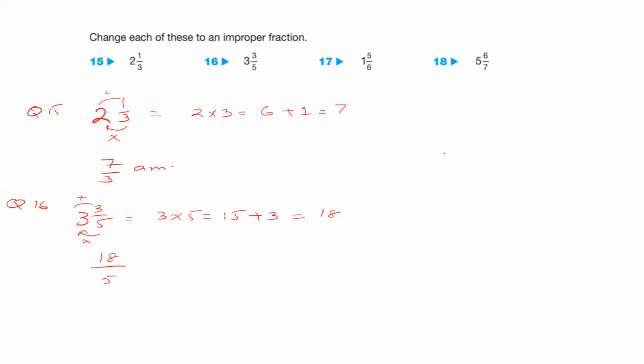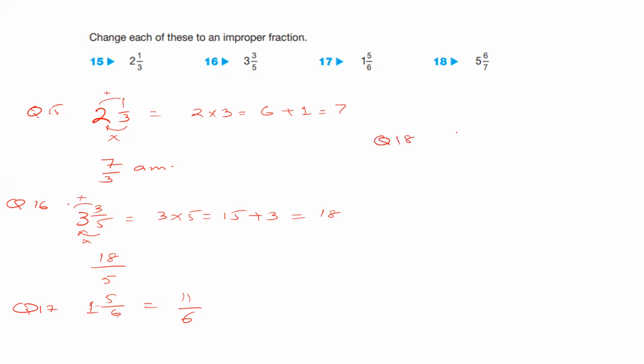Then question number 17. Here we come, question number 17. So here 1 whole 5 upon 6 means again 6 times 1 is 6. 6 plus 5 is 11 upon 6. I think this is easier. We don't have to do it in a very expanded way because we know the concept now.